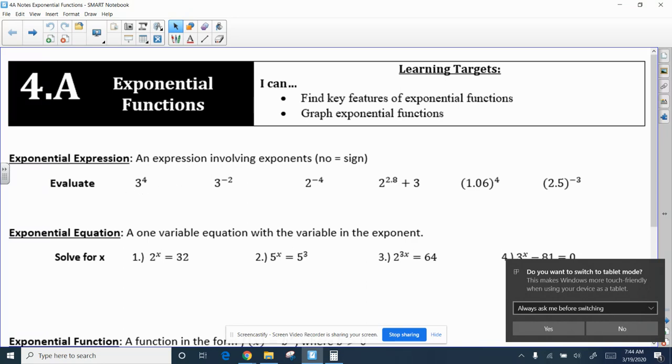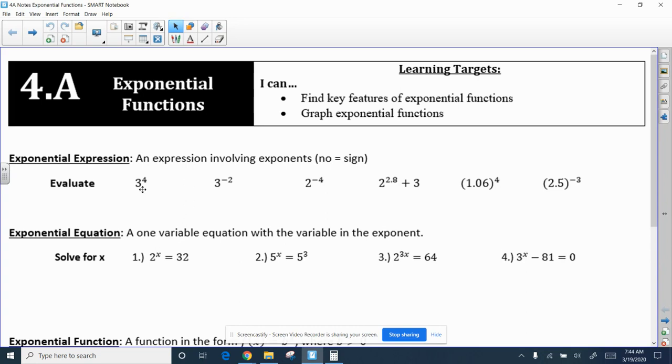So when we want to evaluate, for example, this expression 3 to the 4th power, we hopefully already know what that means. 3 to the 4th power means we have 3 times 3 times 3 times 3. It should give us a numerical answer. When we have numbers, our answer, of course, is a number. So 3 to the 4th power is 81.